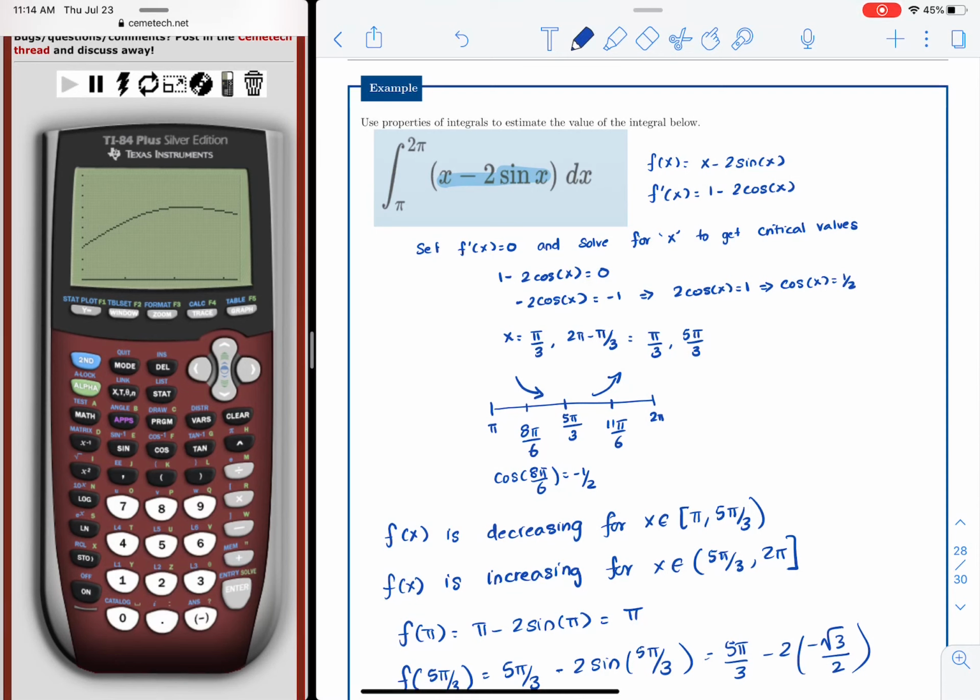Maybe I made a mistake in finding the midpoint. Eight pi over 6.